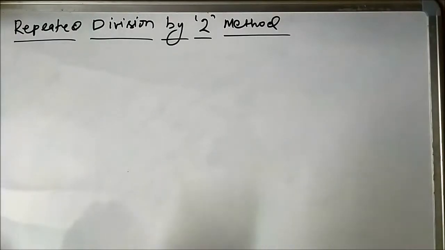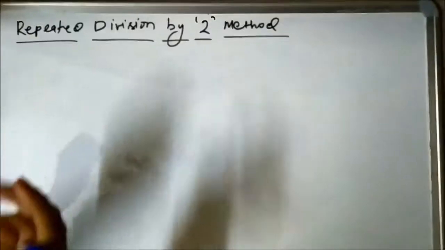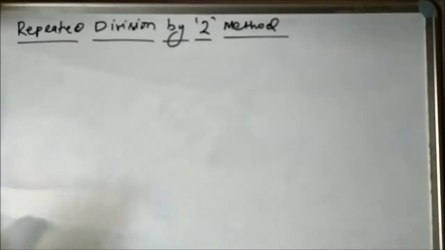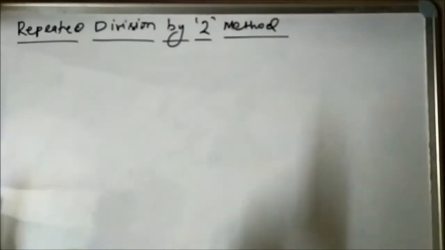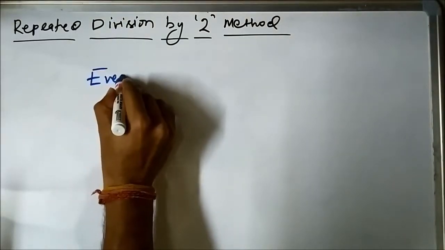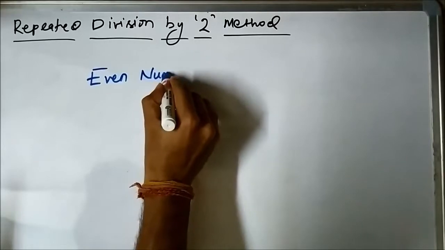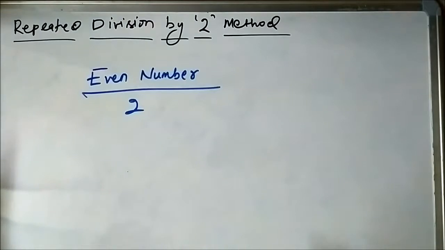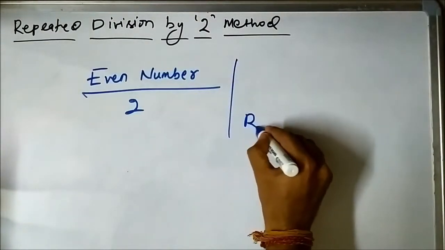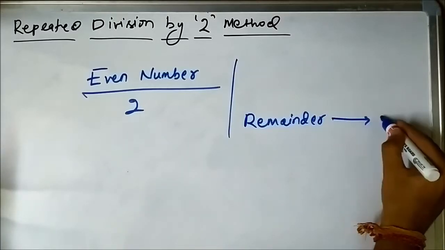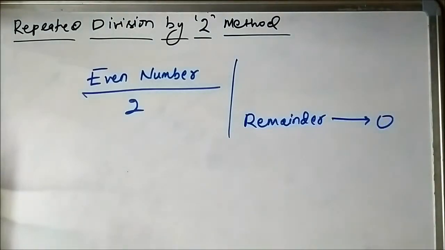Now this method is based on a basic concept of mathematics, which is exploited here: if we divide an even number by 2, it will be completely divisible and the remainder will be 0.